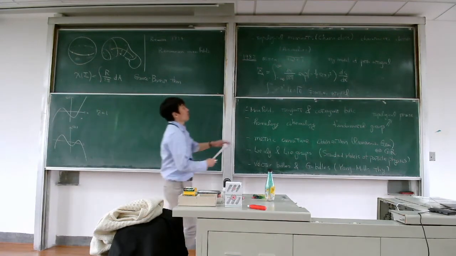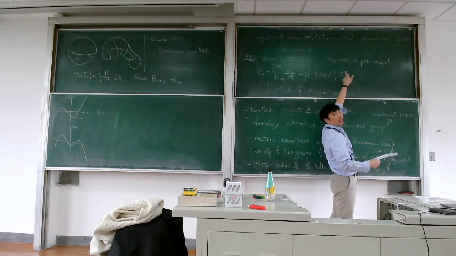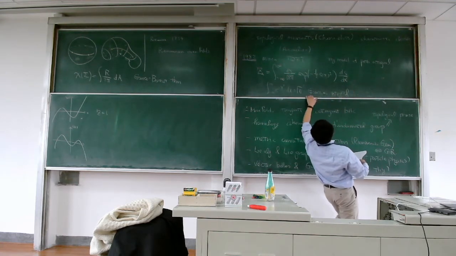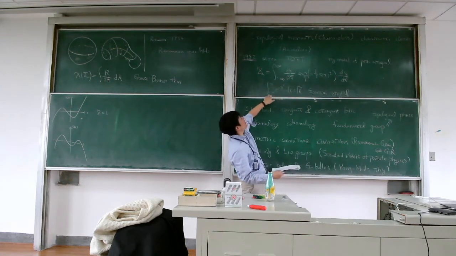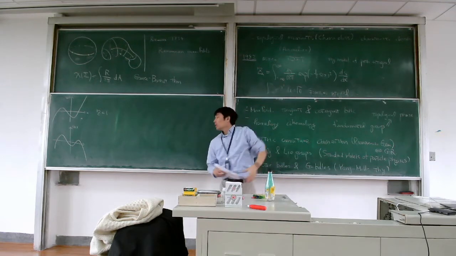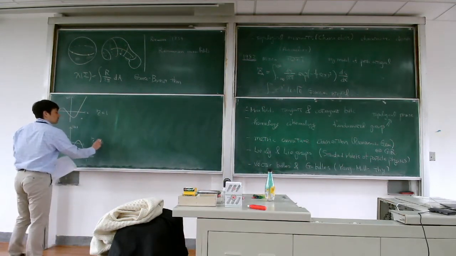At the end of the day, dx times dS over dx will give you dS. So that boils down to this one. At the end of the day, from minus infinity to minus infinity, you get 0. Therefore, you get Z equal to 0.